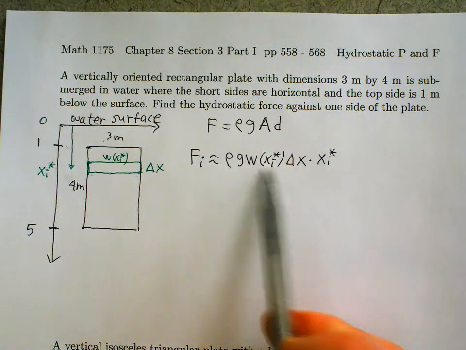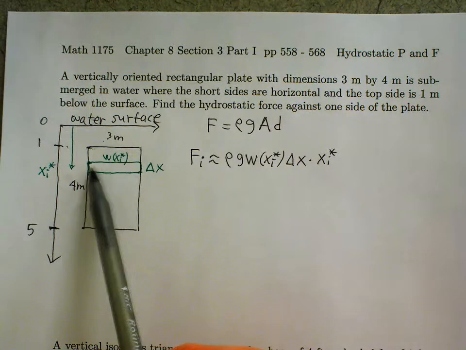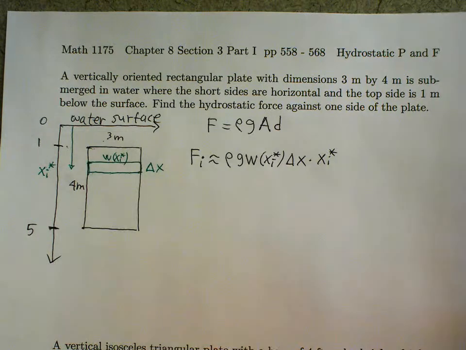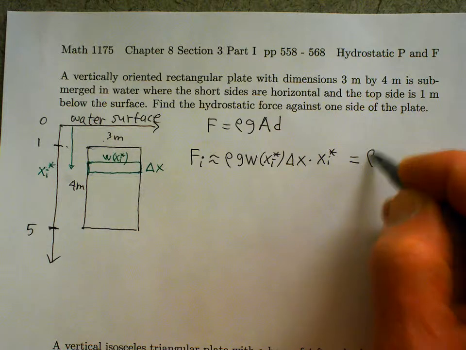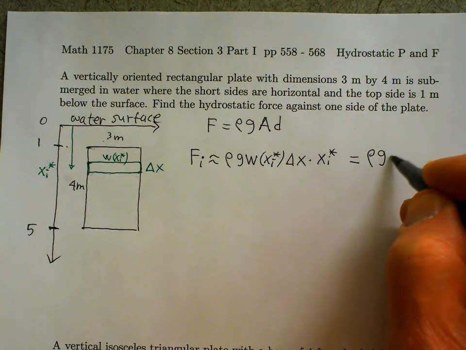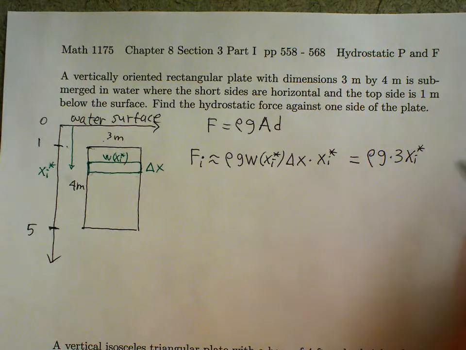But w of x sub i star is always equal to 3 because it's a rectangle. The horizontal side is 3. So we can write this as rho times g times 3 times x sub i star times delta x.